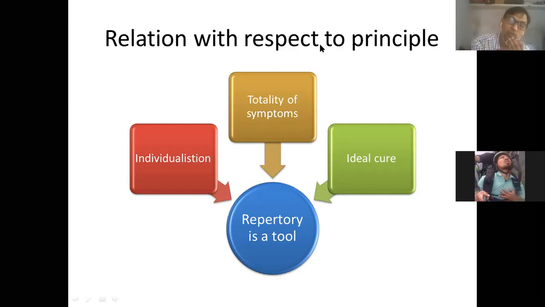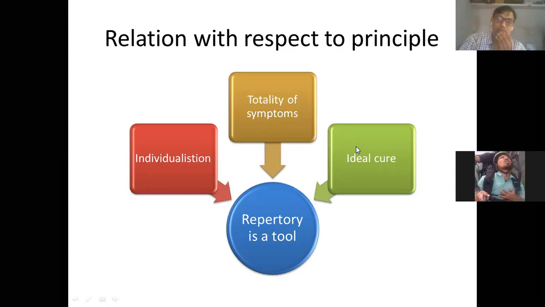So repertory is a tool for making this totality of symptoms idea clear, and making this principle of individualization very easy, making it universal in its application by all homeopathic physicians, whether new or experienced. So to summarize, these various principles of homeopathy are more explored, more made practical, more made easy only by the repertory.